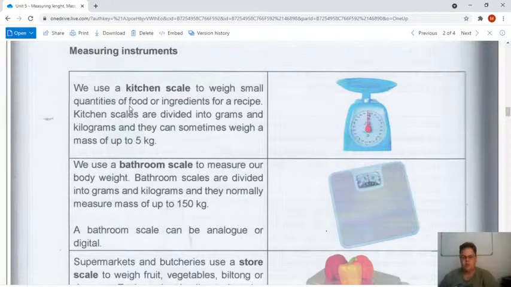So don't decide to go and sit on a kitchen scale, because it's going to reach the maximum there, and most likely, because we are all much heavier than 20 kgs, even 50 kgs, we will break the scale. So don't go and try and measure yourself, because this is not going to work.